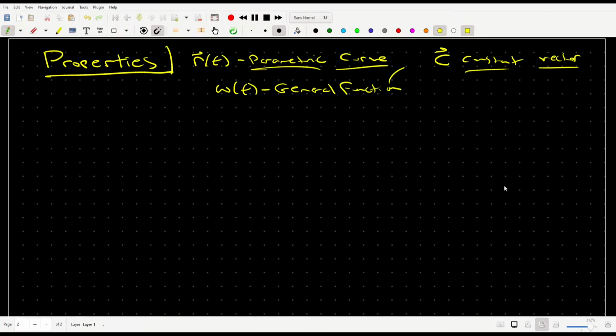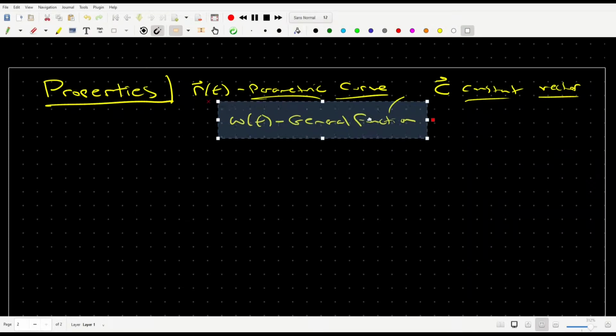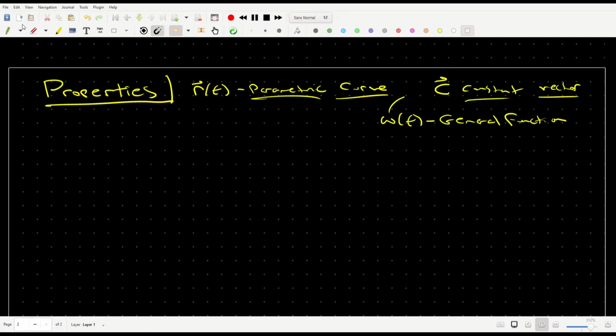And we'll also take some other d of t to be a different parametric curve. So a vector function of t.